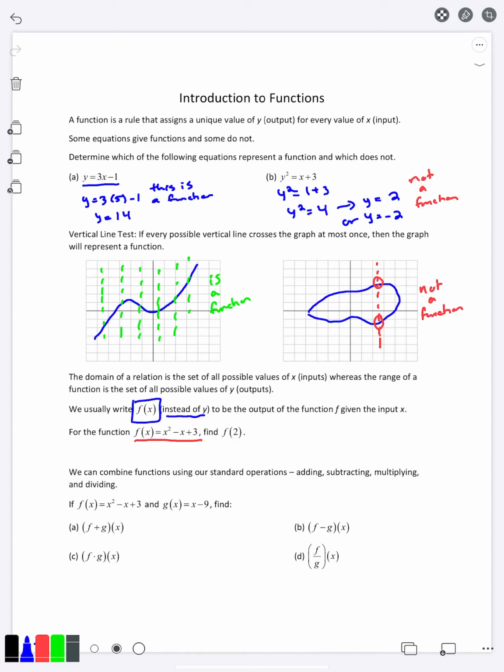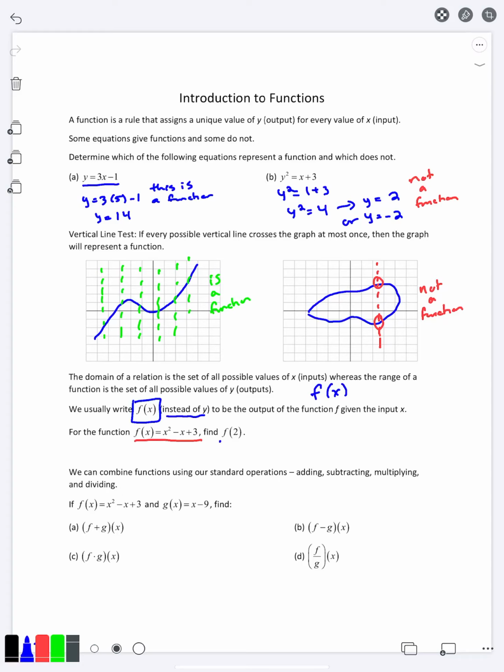One thing that's really unfortunate is it looks like a multiplication there, and it absolutely is not a multiplication. So the whole thing, f parentheses x, is not a multiplication. It is just a single sentence basically saying this is the output for the rule called f when your input is the number x.